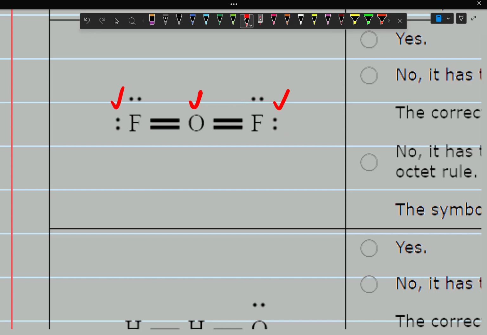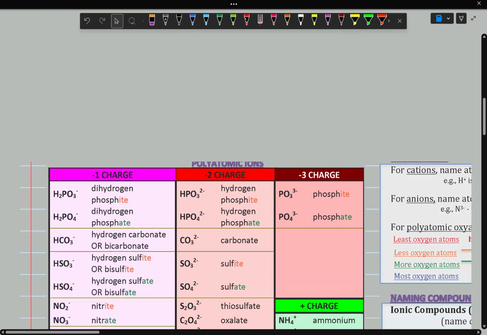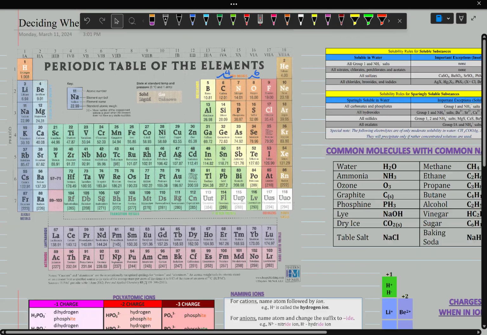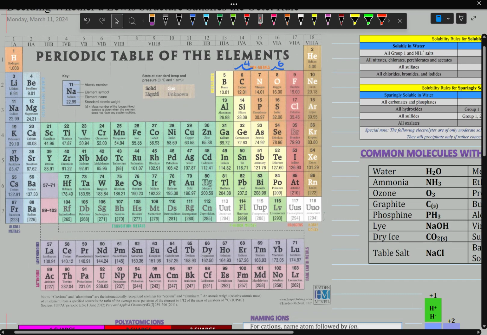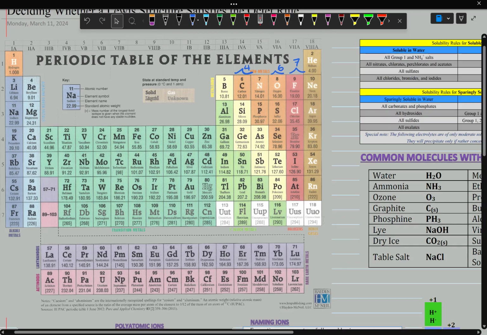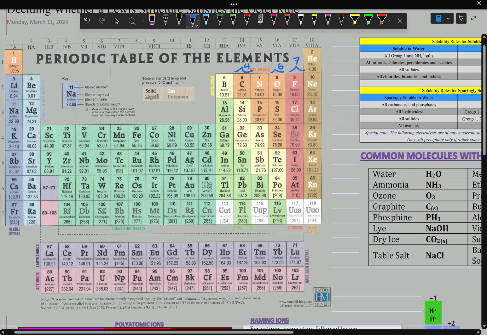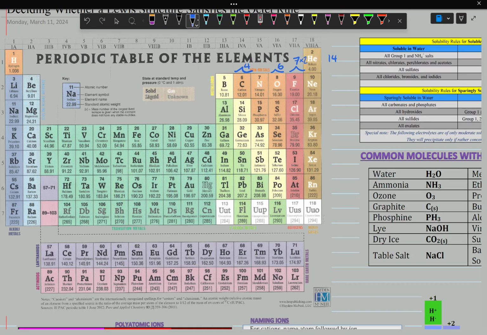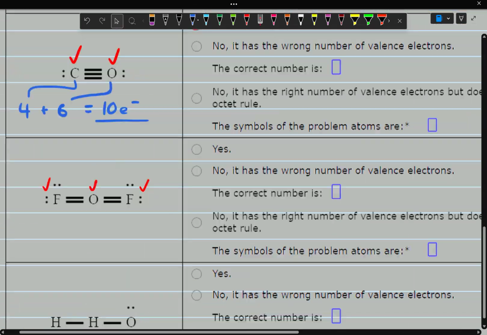So what about valence electrons? If we look at the periodic table, we can see that fluorine is a group 7 element, and that's paired with an oxygen, which is group 6. So if we have 2 fluorines, that's 7 times 2, which is 14 valence electrons, plus our oxygen, and that gives us a total of 20 valence electrons.